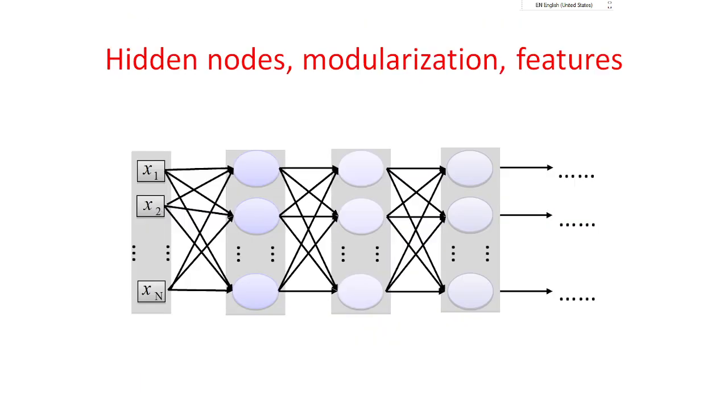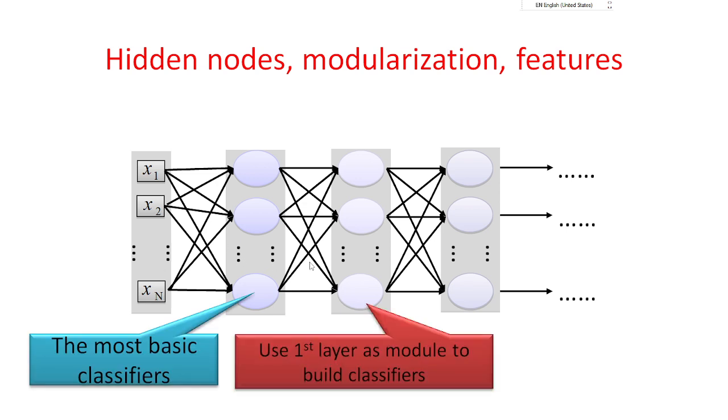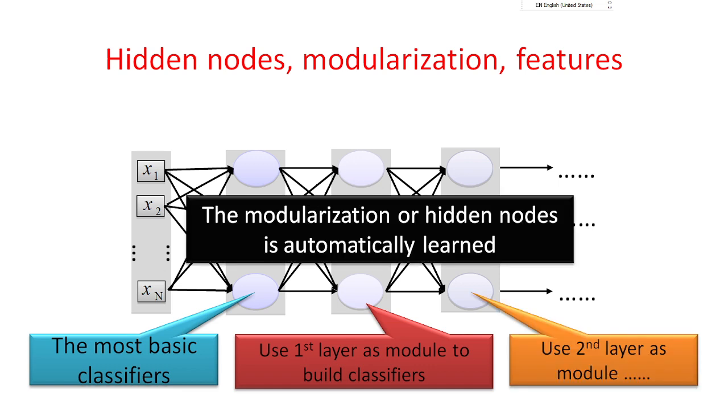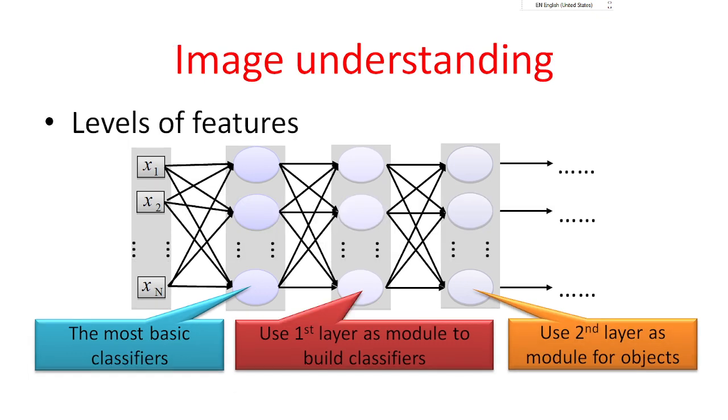In the hidden nodes, the first layer holds the most basic classifiers, the second layer builds on them, and so we use more layers for better performance. Modularization automatically learns from less training data.